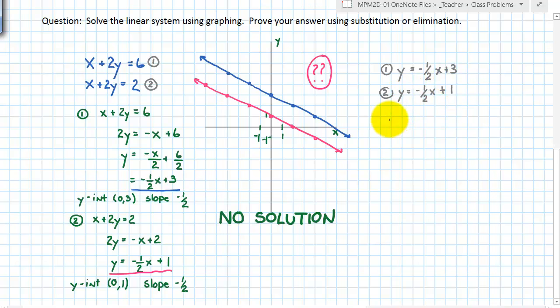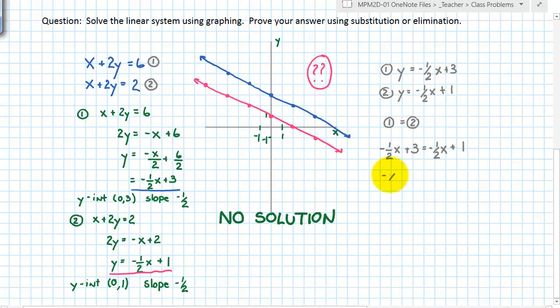I can set 1 equal to 2. So I can get -1/2 x plus 3 is equal to negative 1/2 x plus 1. Made a little writing mistake there. Negative 1/2 x. Now I can do a little bit of algebra. Let's multiply everything by 2 to get rid of that denominator.